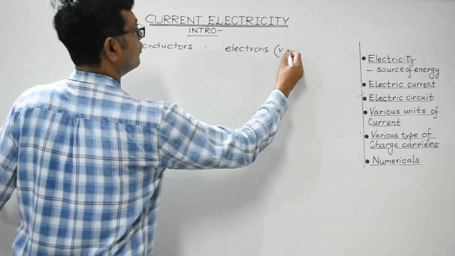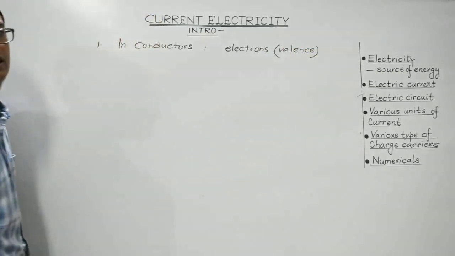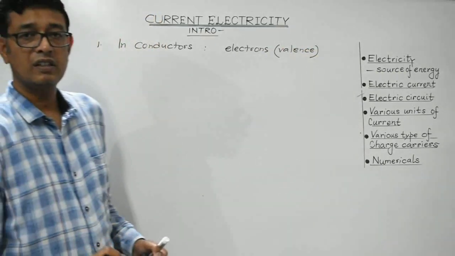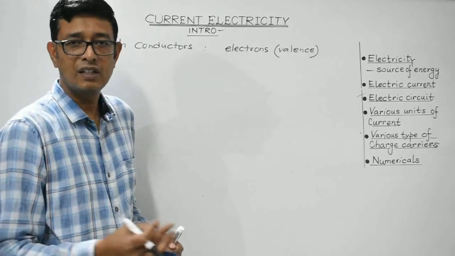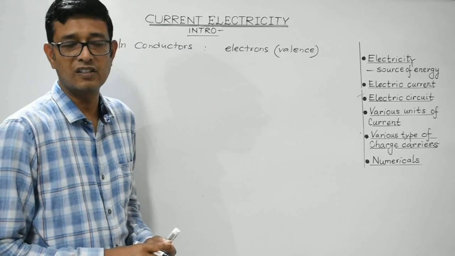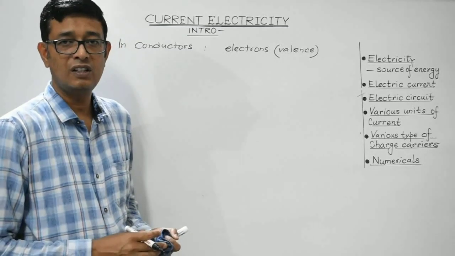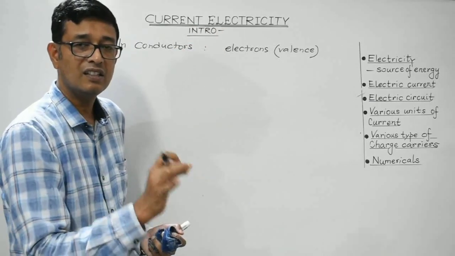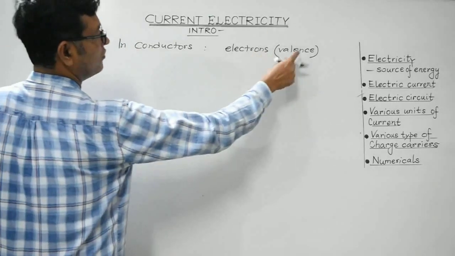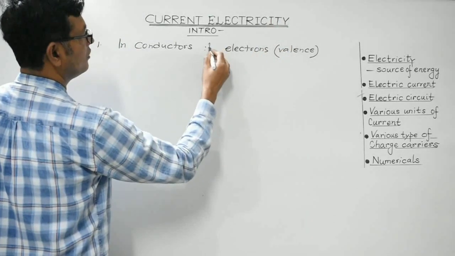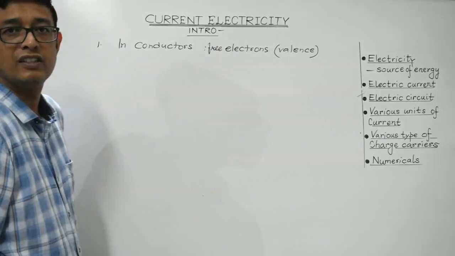Which electrons? Valence electrons, which are present in the outermost shell of an atom. So always remember, in conductors like copper, aluminium, iron, silver, these all are very good conductors of electricity, having a large number of free charge carriers, which are free electrons. So the charge carriers in conductors are free electrons, right? Which are known as valence electrons. They are the free electrons, which are free to move about here and there inside a conductor.